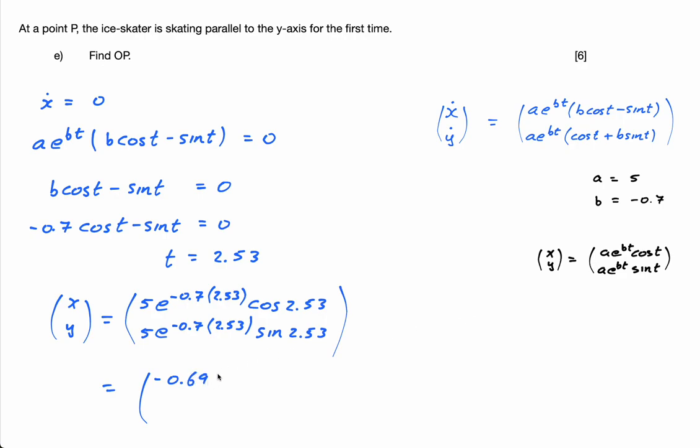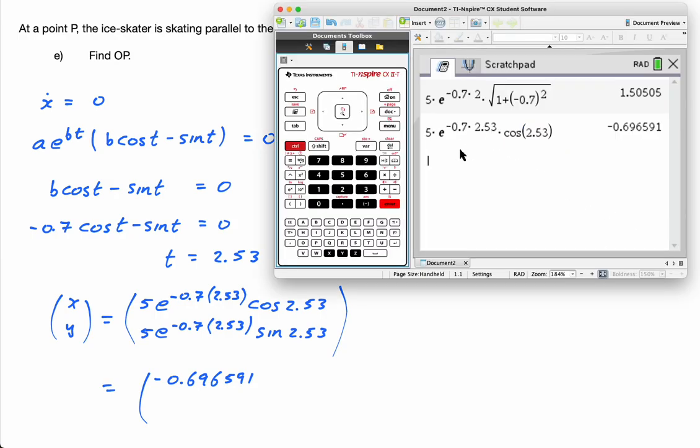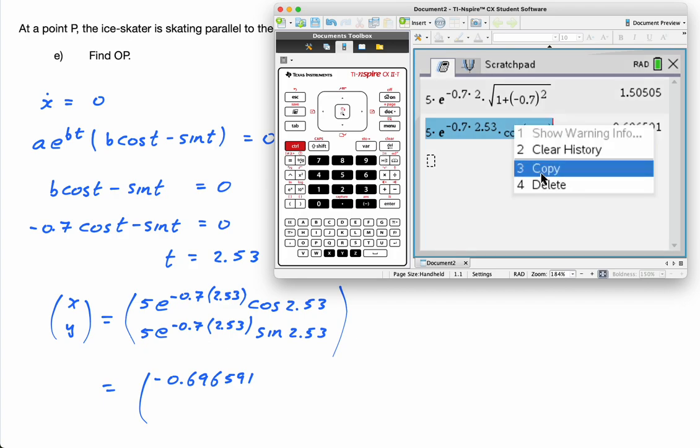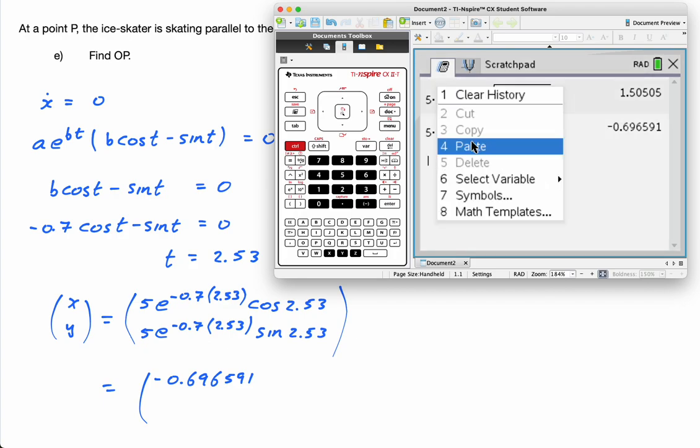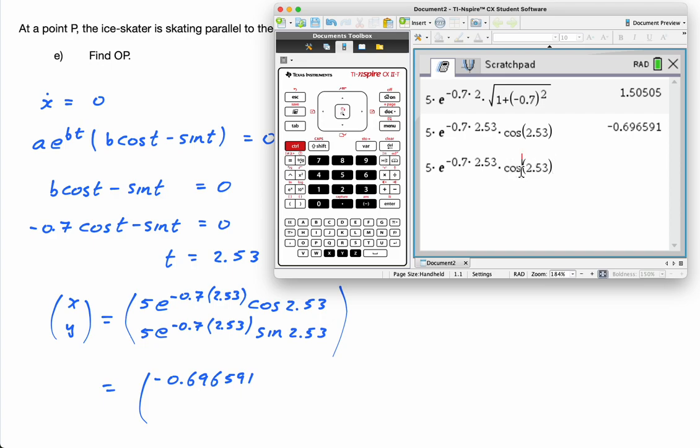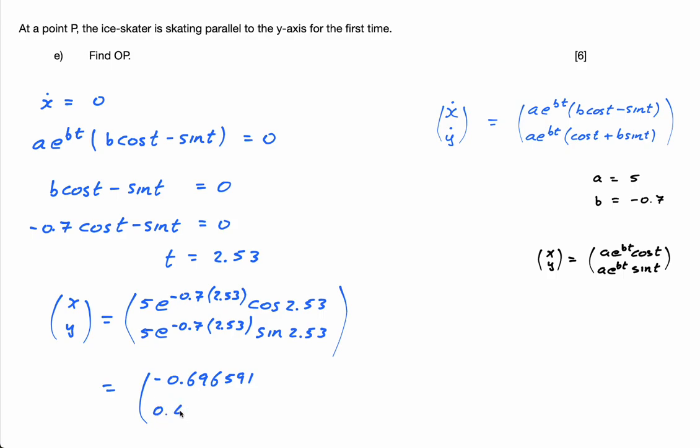And let's do it for sine. So I'm just going to copy and paste this, guys. Copy, paste, and I'll change this to sine of 2.53. So it's 0.488514.